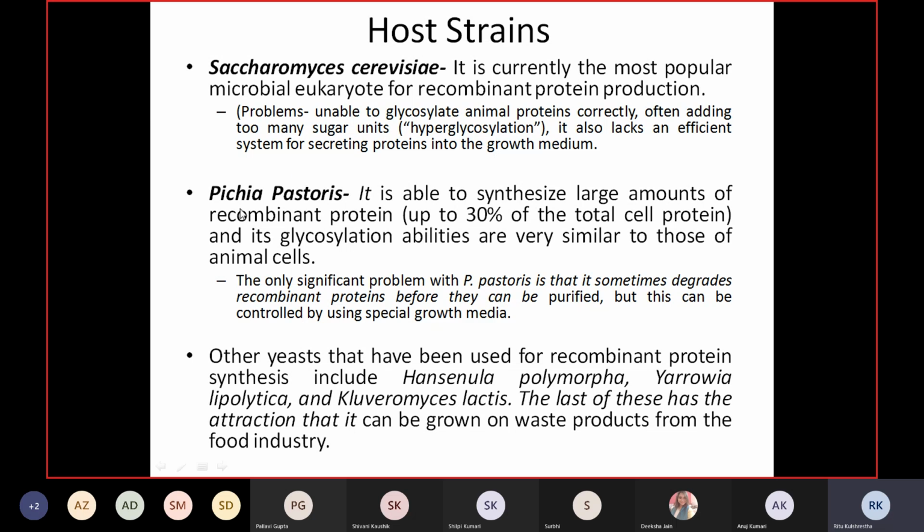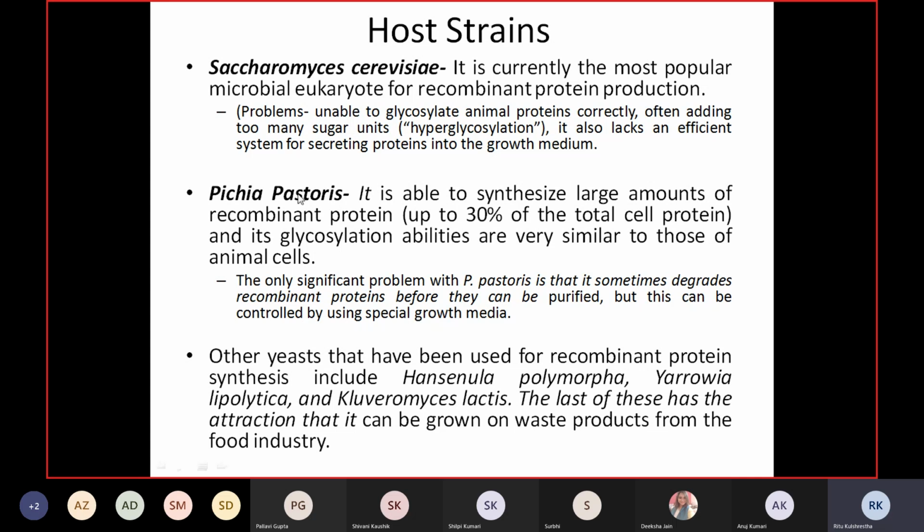Okay. So in that context, Pichia pastoris has gained a lot of attention of late, and is being used already for production of various recombinant proteins. And the reason is simple, that as compared to S. cerevisiae, Pichia pastoris makes the proteins which have very similar glycosylation patterns like the human proteins.